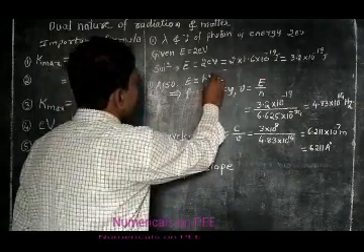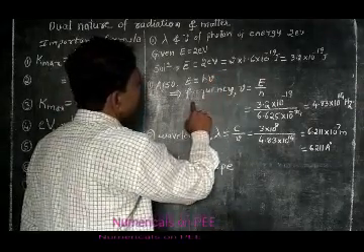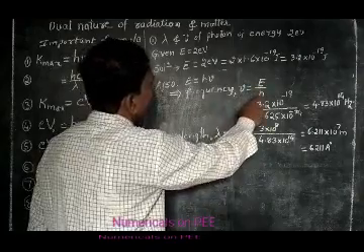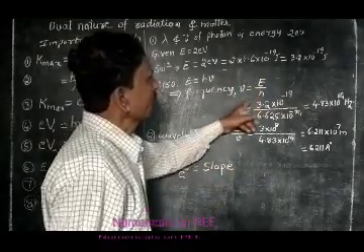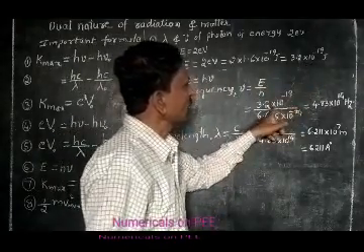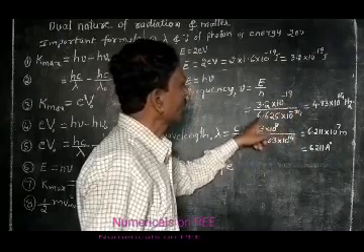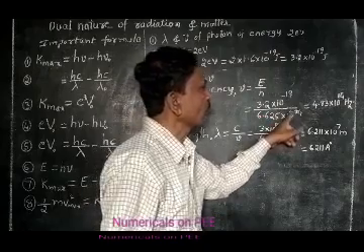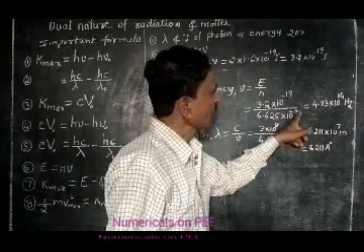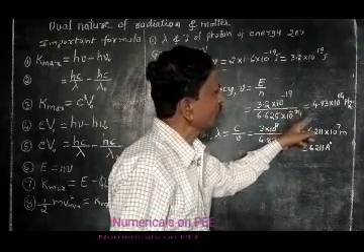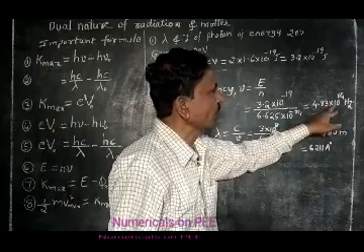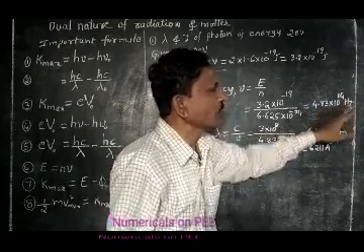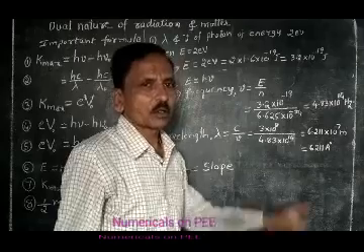Hence frequency nu equal to E upon h, where E equal to 3.2 into 10 to the power minus 19 upon h, that is 6.625 into 10 to the power minus 34. Solving we get 4.83 into 10 to the power 14 hertz or per second.